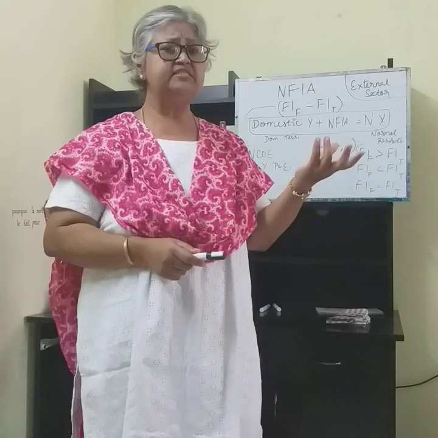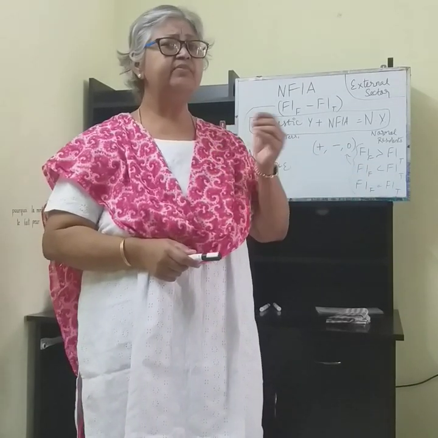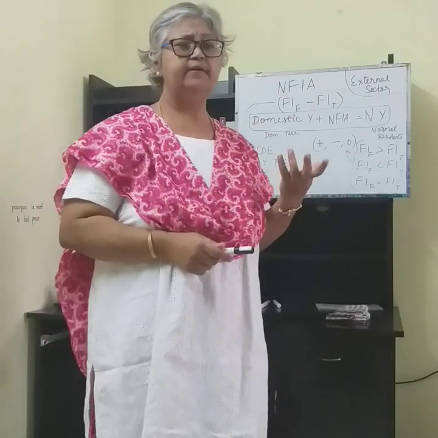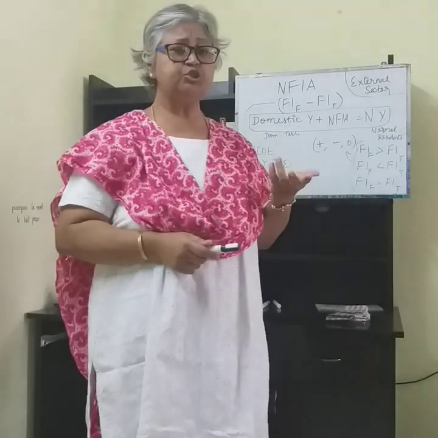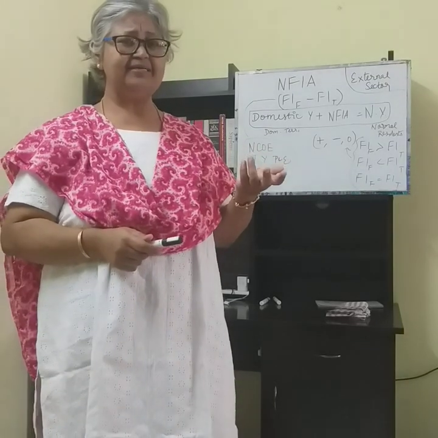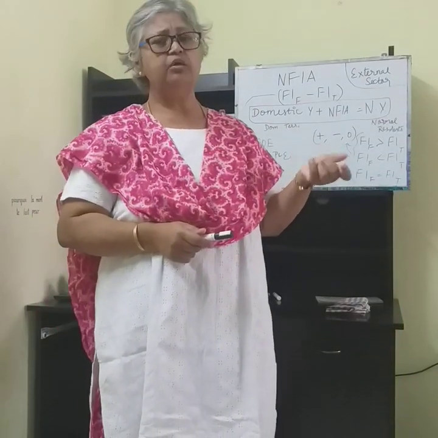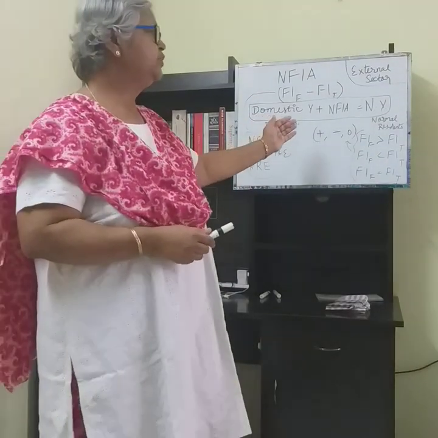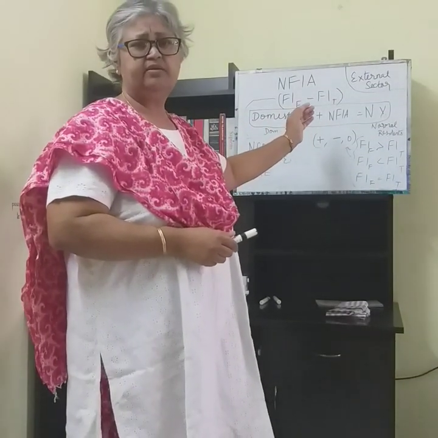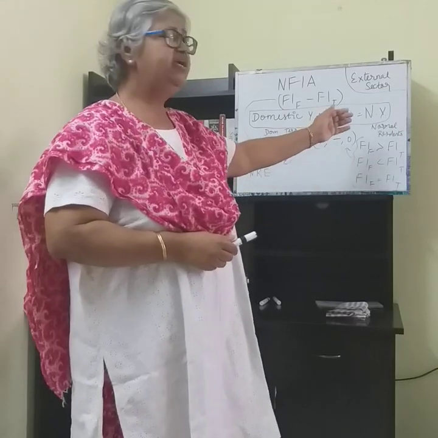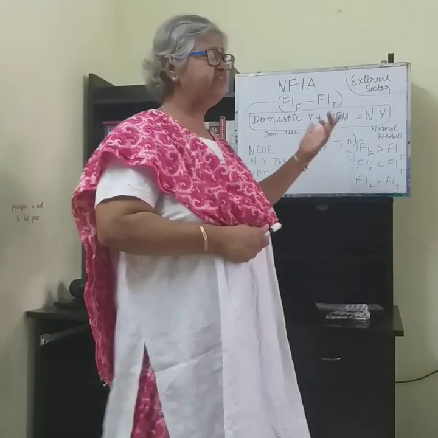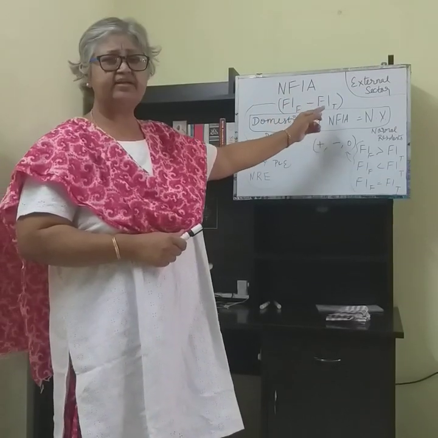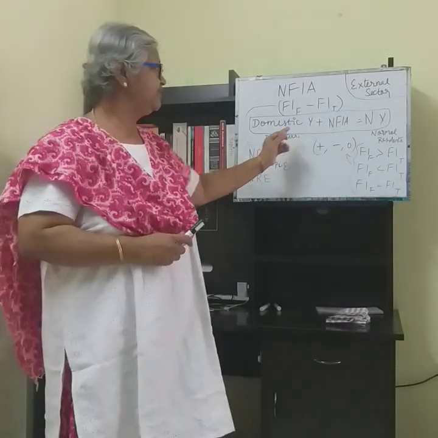So these two concepts, factor income from rest of the world and factor income to rest of the world, need to be treated to arrive at the domestic income or the national income. Domestic income plus NFIA will give you national income, and NFIA is nothing but factor income from abroad minus factor income to abroad.